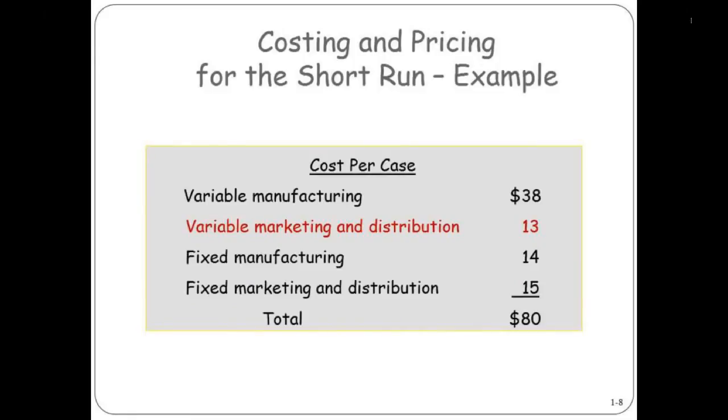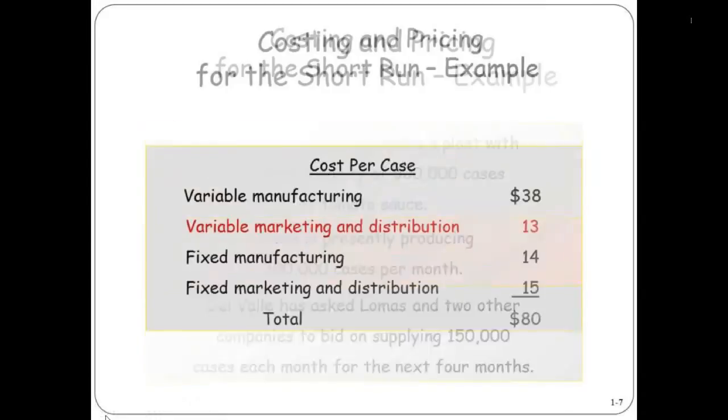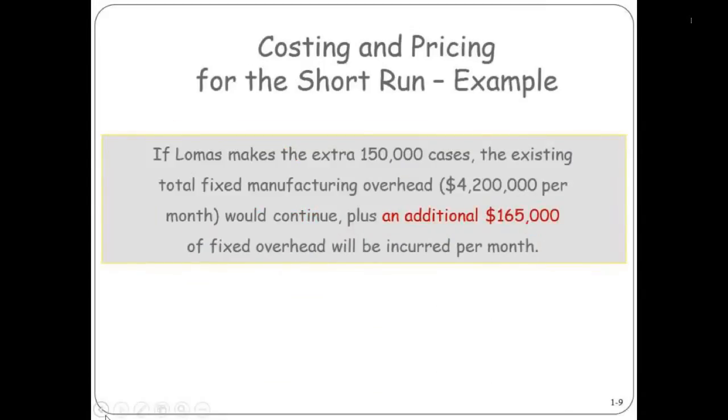Well, here are your costs. $38 in variable manufacturing. You have a variable marketing distribution of 13, fixed manufacturing 14, and fixed marketing distribution of 15. Uniquely, you'll have an additional $165,000 in fixed costs if you do this.